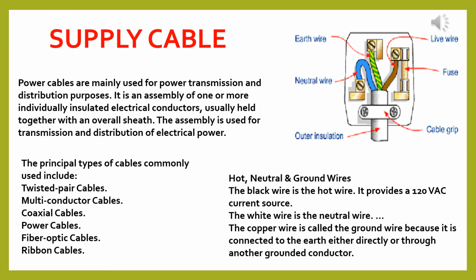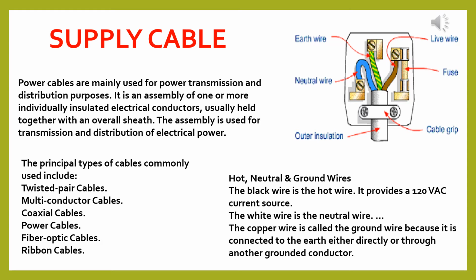Hot, neutral and ground wires. The black wire is the hot wire. It provides a 120-volt AC current source. I'm talking about your main switches or main connection. The white wire is the neutral wire. The copper wire is called the ground wire because it is connected to the earth either directly or through another grounded conductor.